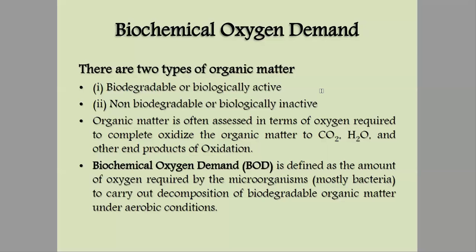Okay, if that content is higher, then we will say that the water requires more treatment. And if that content is lesser, means the requirement of oxygen is lesser, then that water is less polluted. Okay, so in order to find out the oxygen requirement, we will find the BOD, that is biochemical oxygen demand.